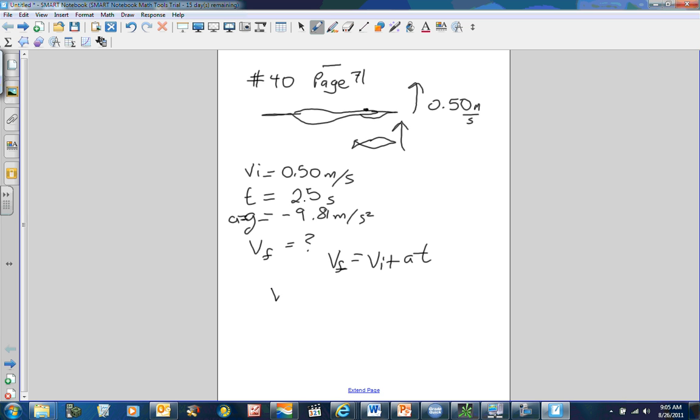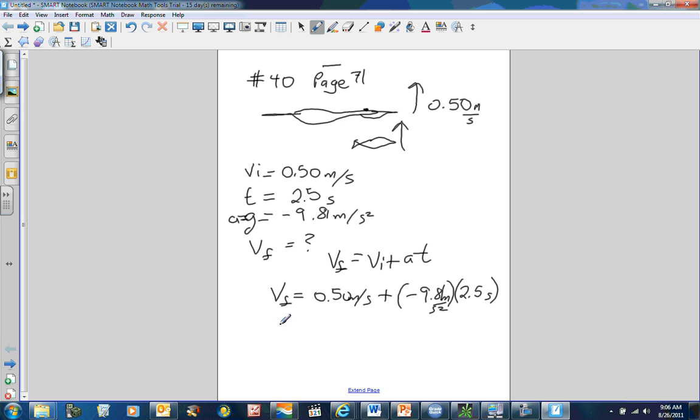So all we're going to do is substitute in and say VF equals positive 0.50 meters per second plus a negative 9.81 meters per second squared times 2.5 seconds. Now, when all said and done, we have two significant figures in two of these numbers and three in another one. So we're going to have our answer in two significant figures.